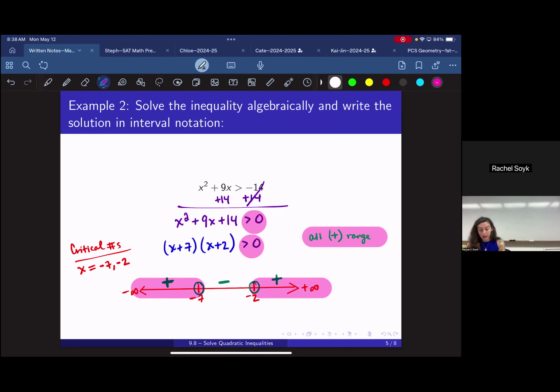So our final step is we want to put our solution into interval notation.